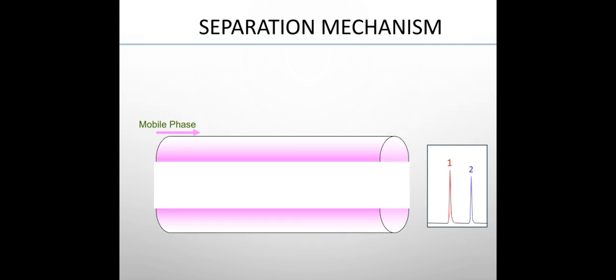So the weaker interaction compound is less retained in the column, travels very fast, and is eluted first, as shown in the diagram.